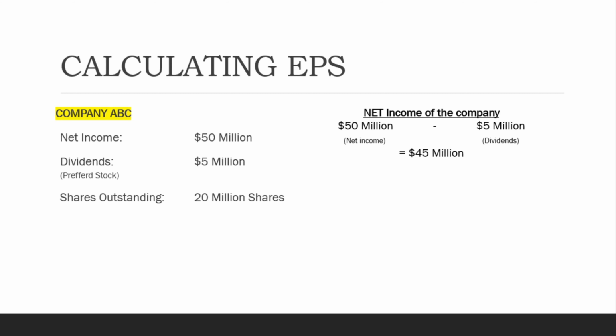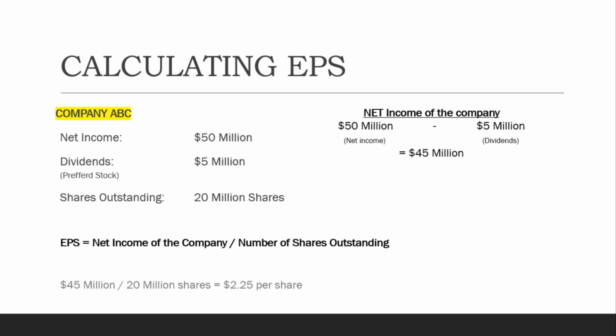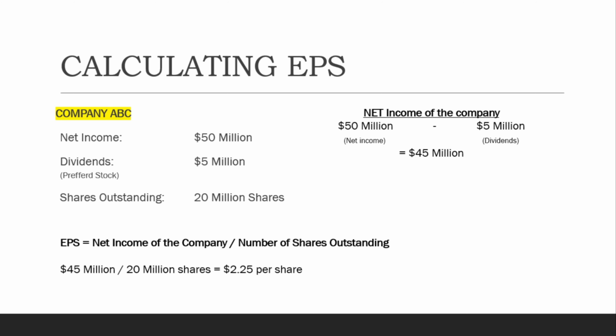Now that we have that number, we can apply it to the EPS formula, which is the net income of the company, $45 million, divided by the number of outstanding shares, which is 20 million shares. That gives you $45 million divided by 20 million shares, which equals $2.25 per share. Thus, company ABC came to an EPS value of $2.25 per share.